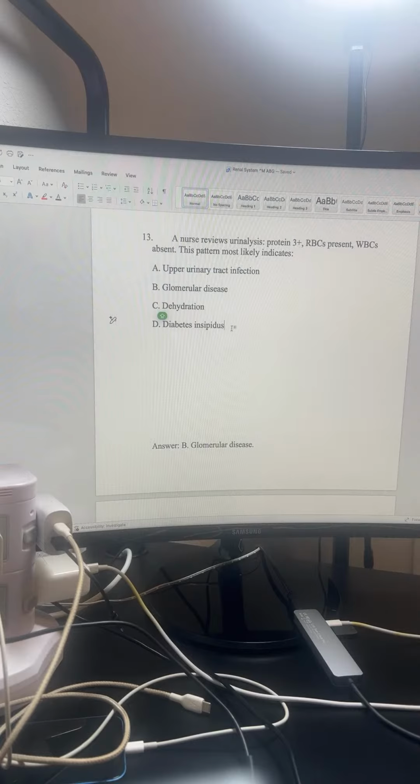All right, what are you looking for in terms of the urine for a diabetes insipidus patient? What are probably some of the findings you'll have for your urine for that patient? Glucose, okay. I see Arlene says ketone, glucose.